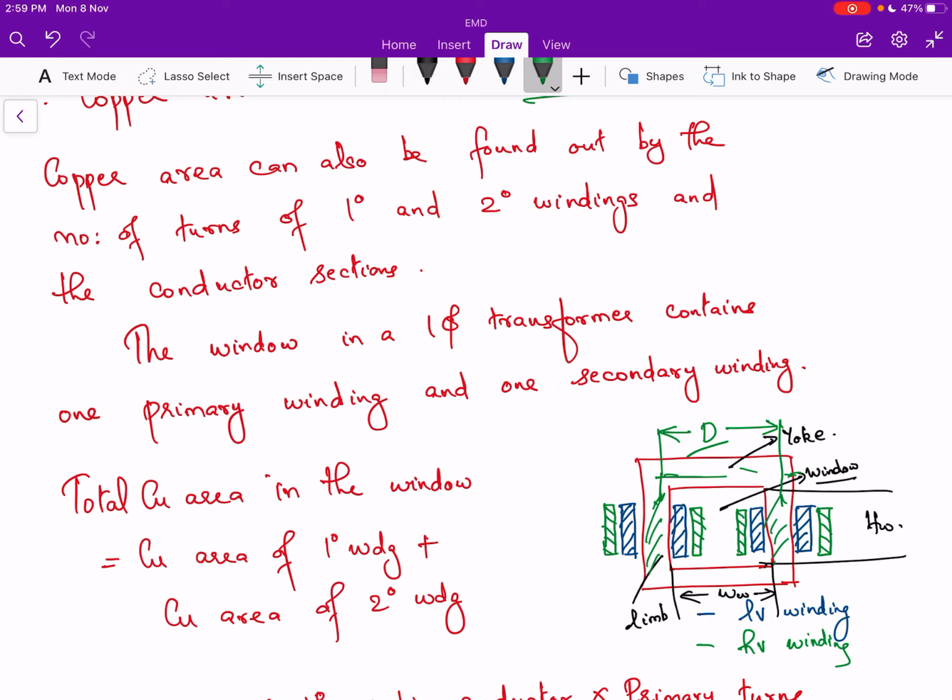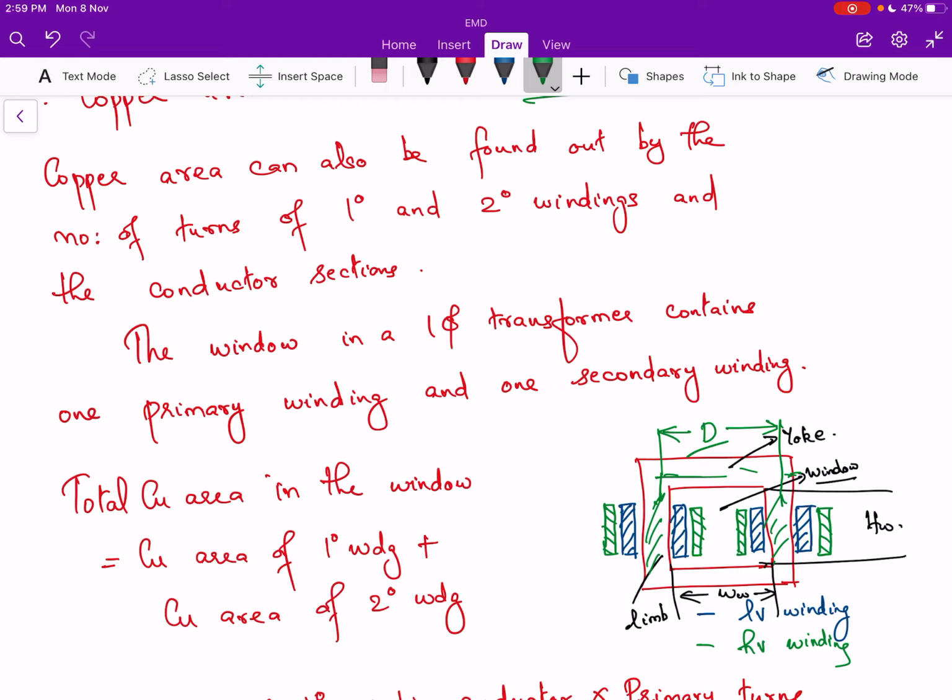And in a single phase core type transformer, we provide high voltage winding, which is denoted by the color green, and the low voltage winding denoted by blue. So the high voltage and low voltage winding will be provided on both the core limbs in the case of a single phase core type transformer.